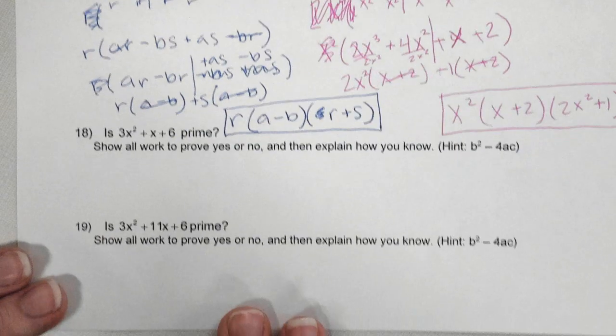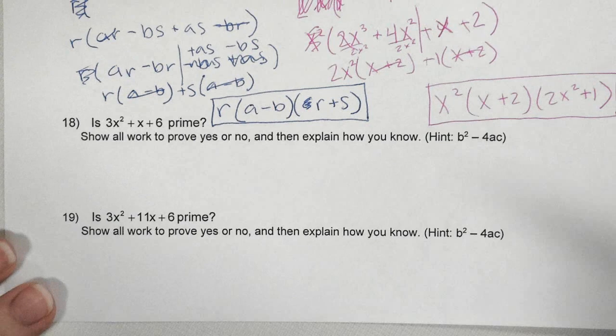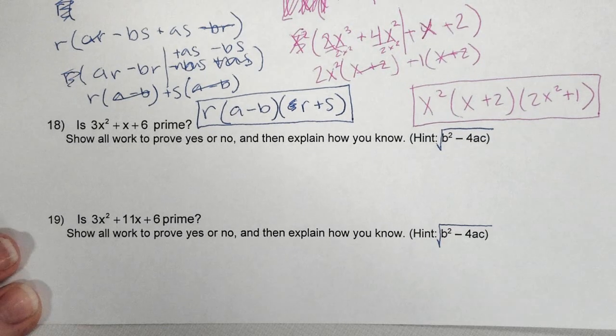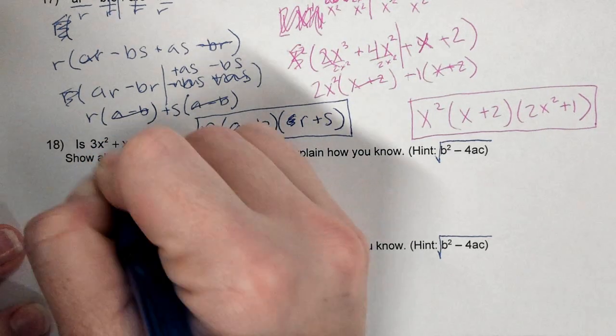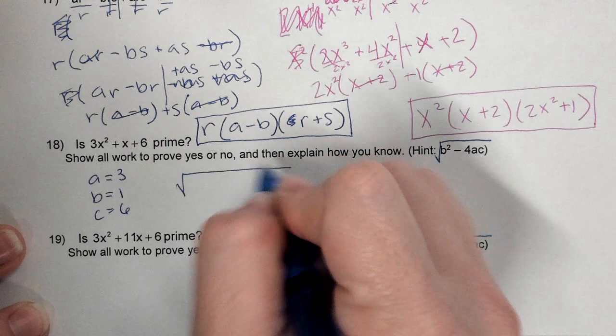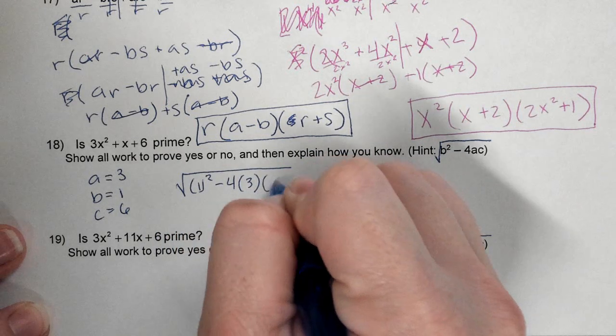Okay, look at number 18 and 19. So 18 and 19, is this prime? Show all work, prove yes or no. So we have to use, remember, I know this says this, but we want to just go ahead and square root it because that'll prove it to us. So a equals 3, b equals 1, c equals 6. So square root of 1 squared minus 4 times 3 times 6.